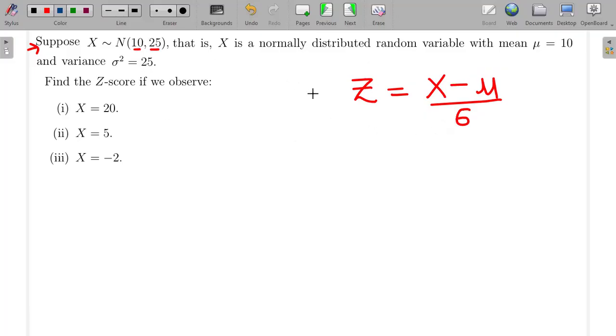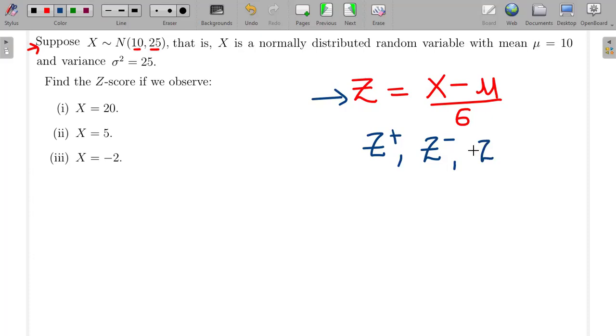So now this z-score just tells us how many standard deviations an observed value is above or below the mean. If you find that your z-score is positive, then the observed value is above the mean. If the z-score is negative, the observed value is below the mean.